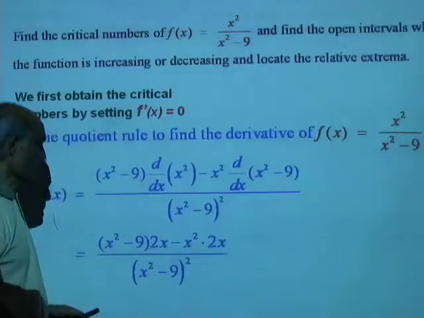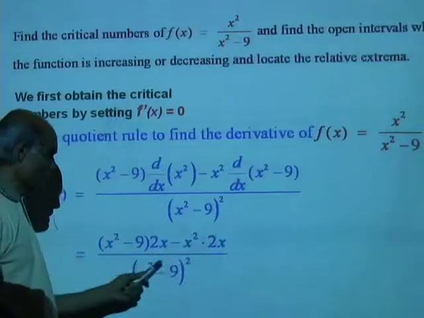And the denominator will not change. Can you simplify that?